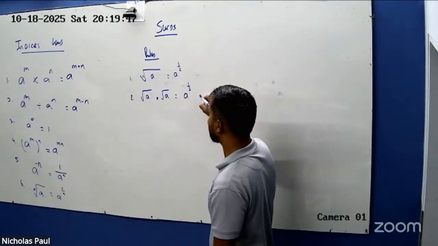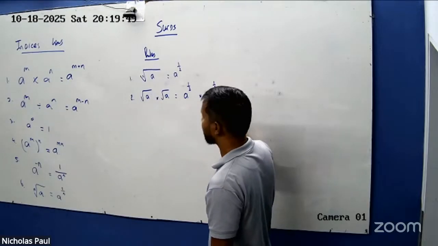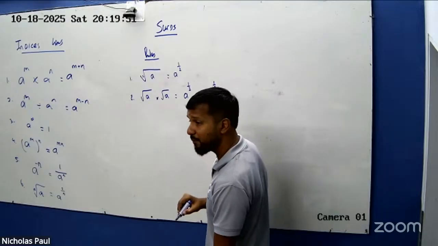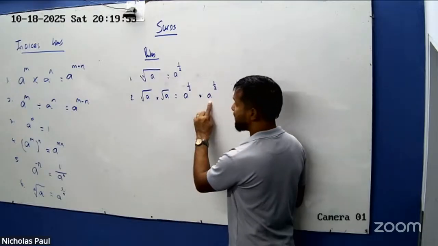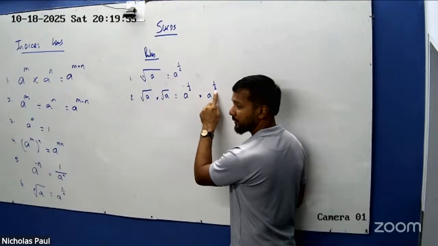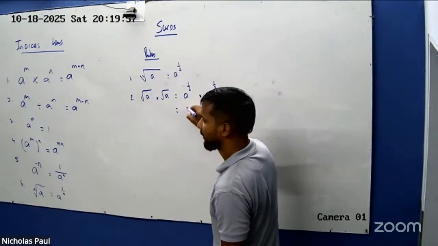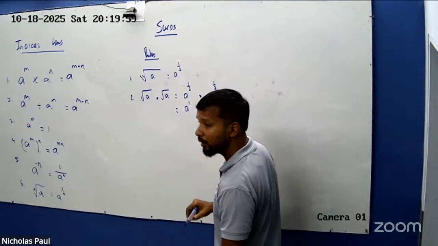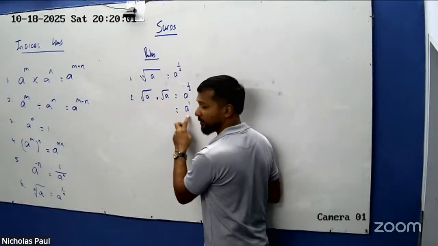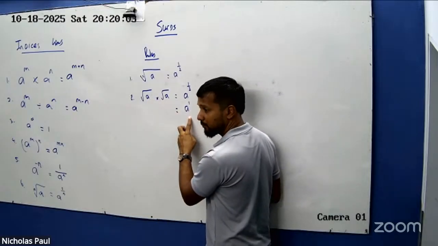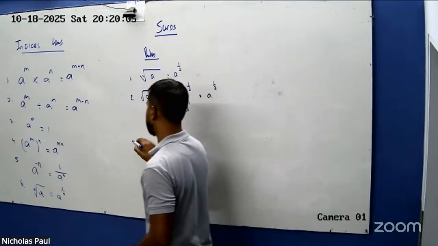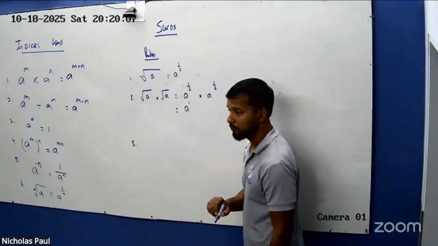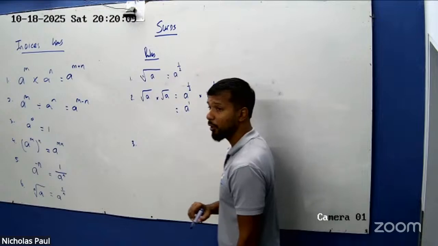Multiply by a to the power of a half. That's okay? What will happen here? Same base, add the powers. So you will end up with a to the power of 1. So square root of a by square root of a is a. You okay with that? Yes? Okay. Online, are you okay with us?